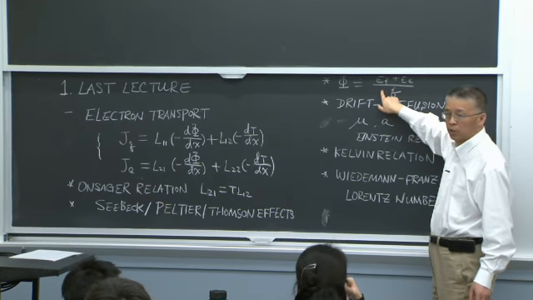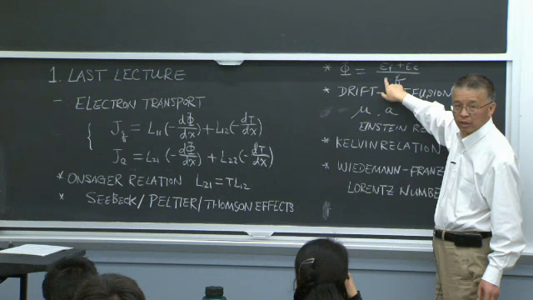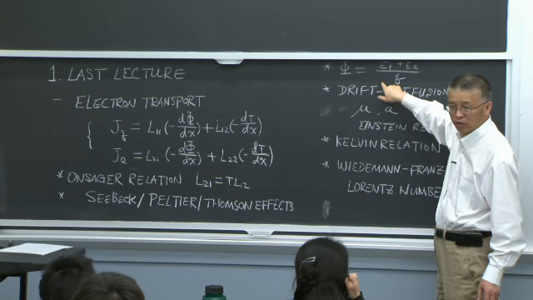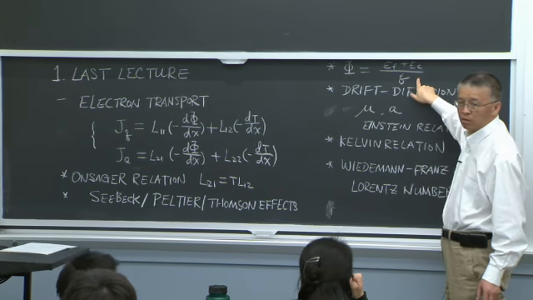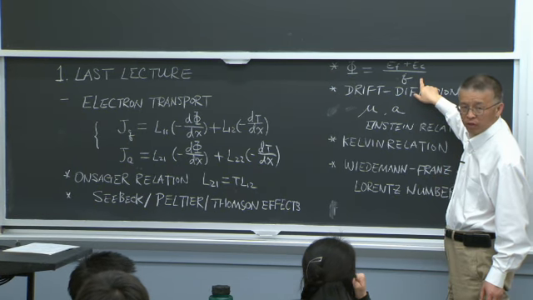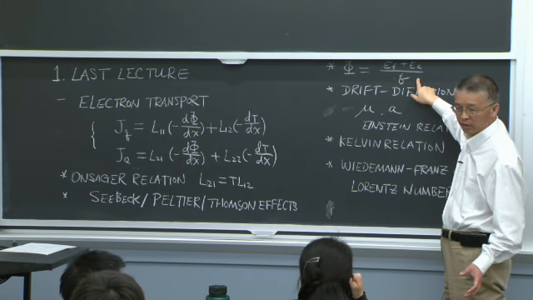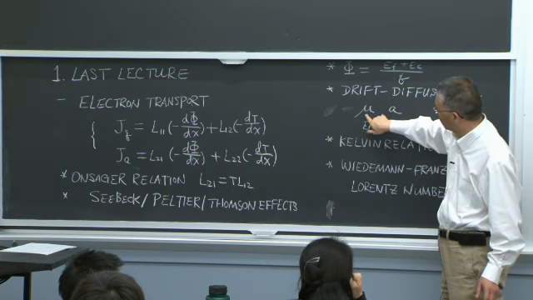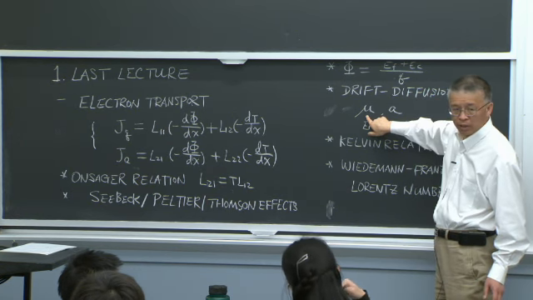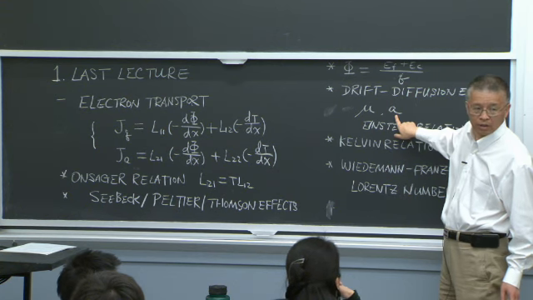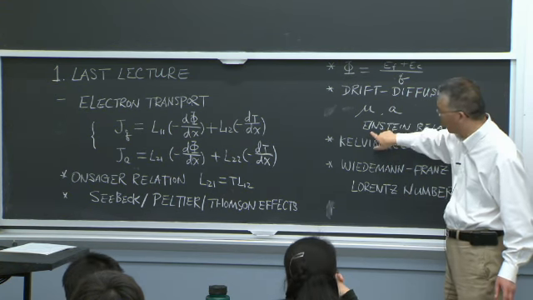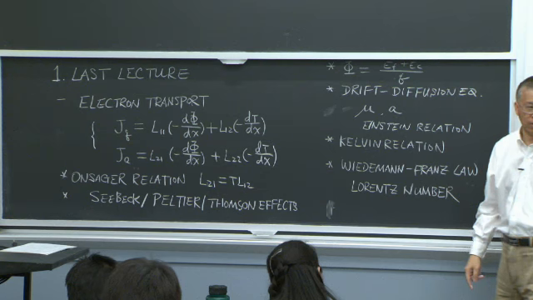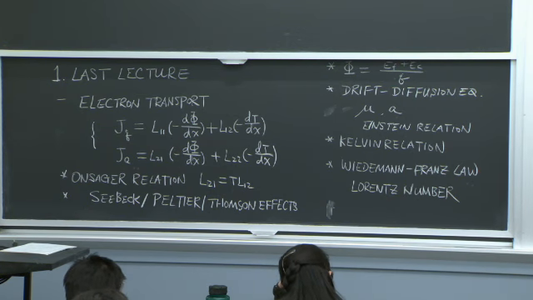The chemical potential is related to the carrier density, so that's a gradient, that's a diffusion term. And electrostatic potential gives you the electrical force acting on the charge, so that drives the drift. So drift is measured with the mobility, diffusion is diffusivity. And again, the relation between diffusivity and mobility is the Einstein relation.